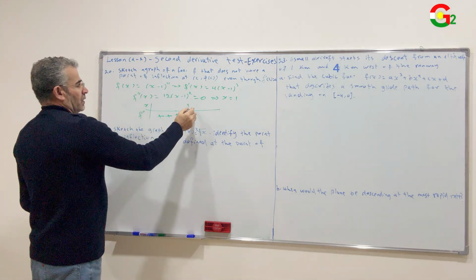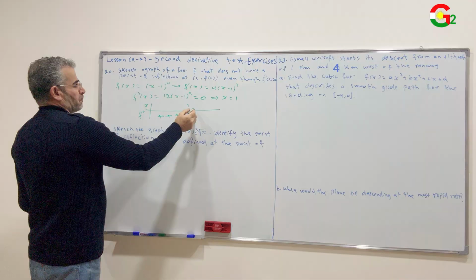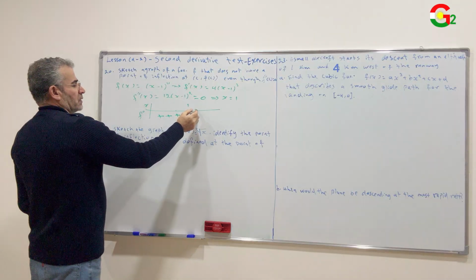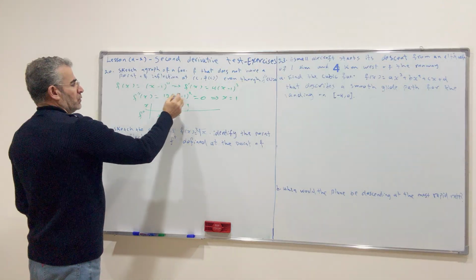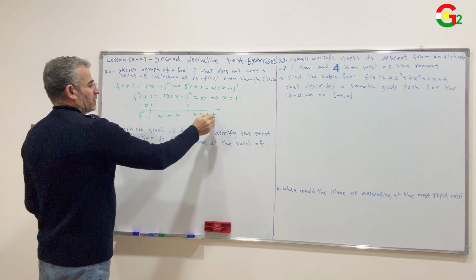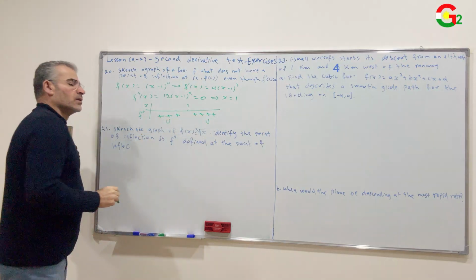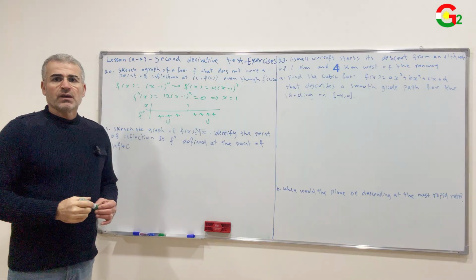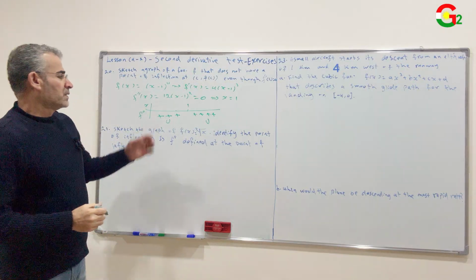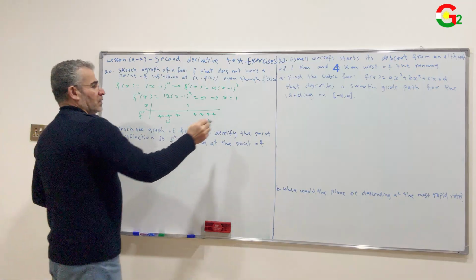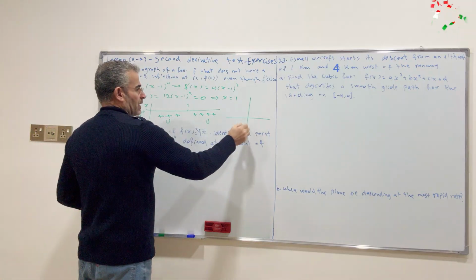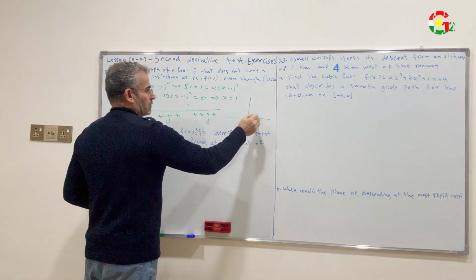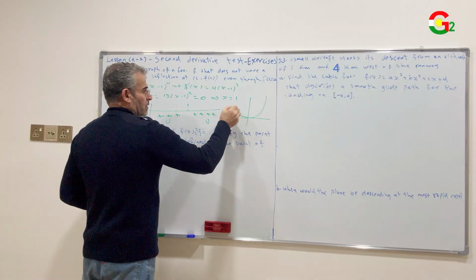When the point is greater than 1, for example 2, also the second derivative is positive. Therefore, the function is always concave up, and x equals 1 is not an inflection point for this function, and the graph of this function takes this shape.